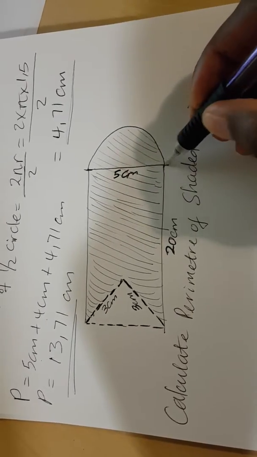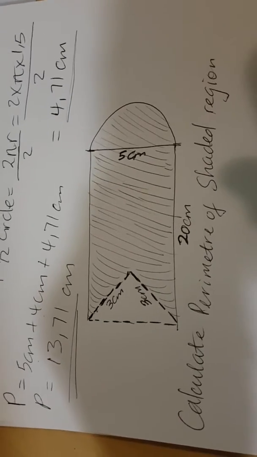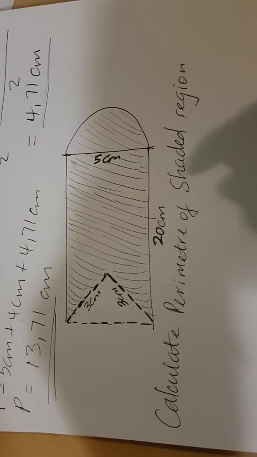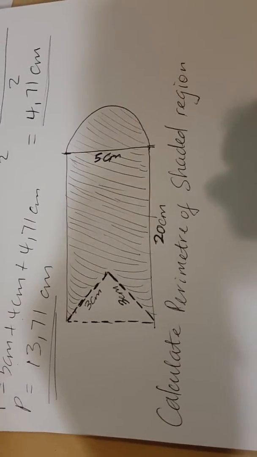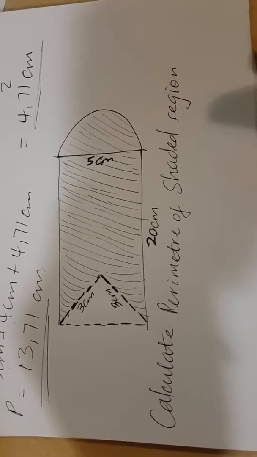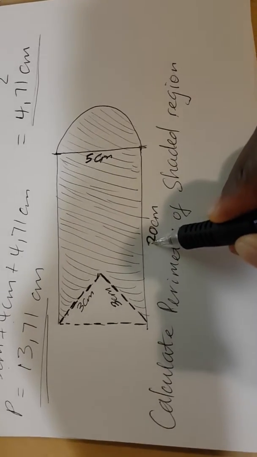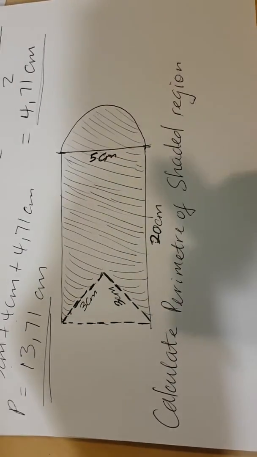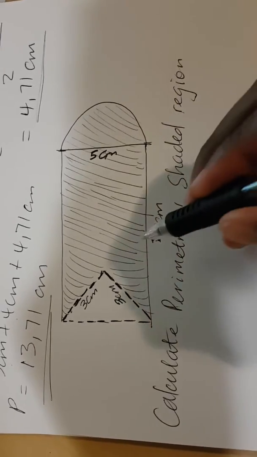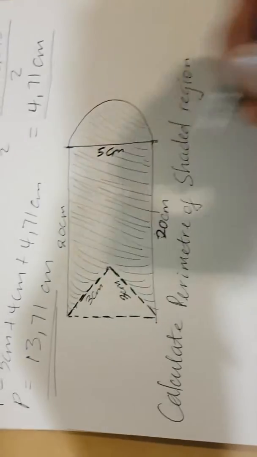They're asking us to calculate the perimeter of the shaded region. As we know that perimeter is the sum of all exterior sides, if this side is 20 centimeters, remember a rectangle has equal opposite sides, so this side is going to be 20 centimeters as well.